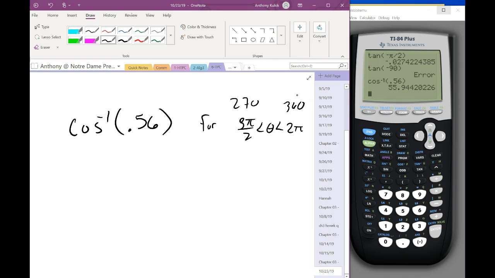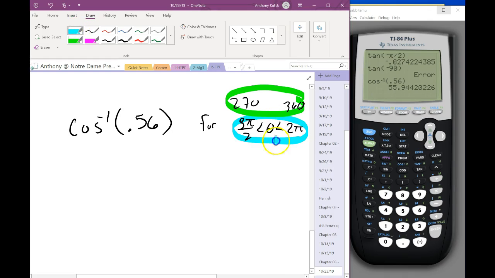So that's a good question. The answer is going to depend on whether this is listed as degrees or listed as radians. So depending on whether it's specified that your answer needs to be between radian and radian, your calculator should be in radian mode. If it's listed between degree and degree, it should be in degree mode.